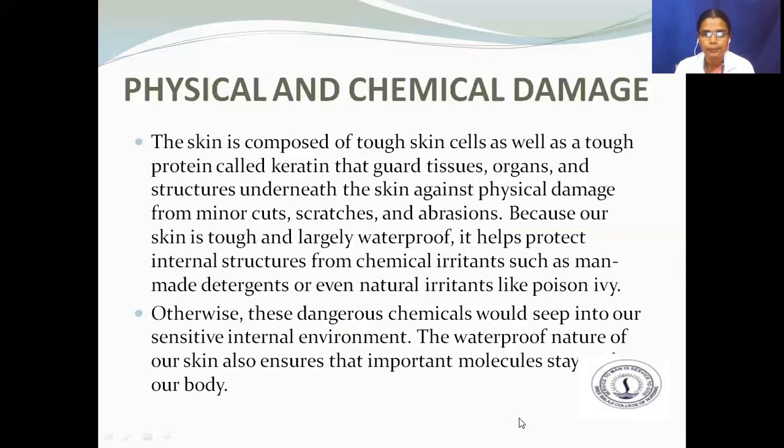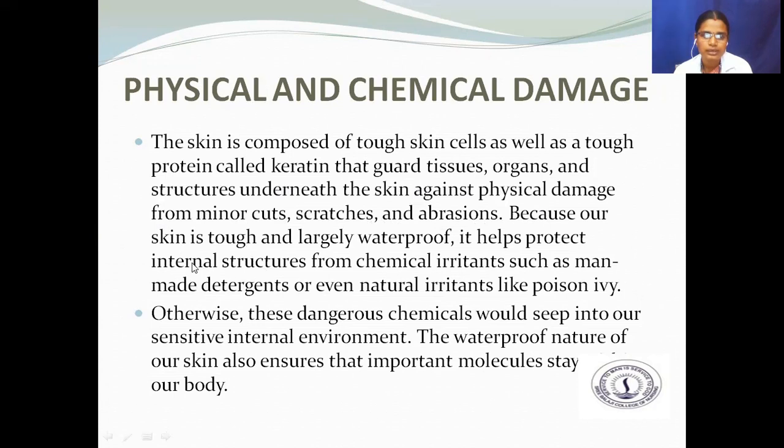Next, we can see the physical and chemical damage. How our skin is protected from physical and chemical damage. The skin is composed of tough skin cells as well as a tough protein called keratin that guards tissues, organs, and structures underneath the skin against physical damage from minor cuts, scratches, and abrasions.